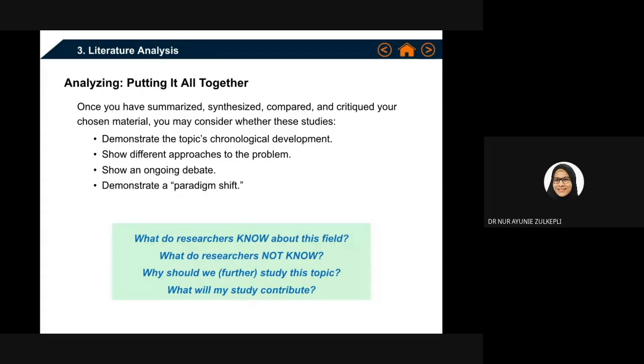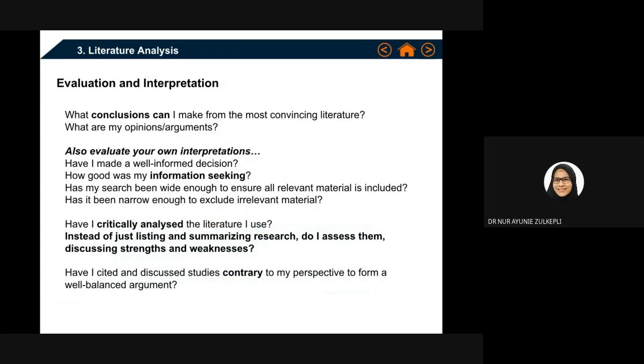It depends on you how you are going to organize the points in your paragraph. So you need to answer all these questions. The next thing you need to do is the evaluation and interpretation of the data that you summarized, synthesized, compared and critiqued. And also you need to generate a conclusion for that literature. Okay.